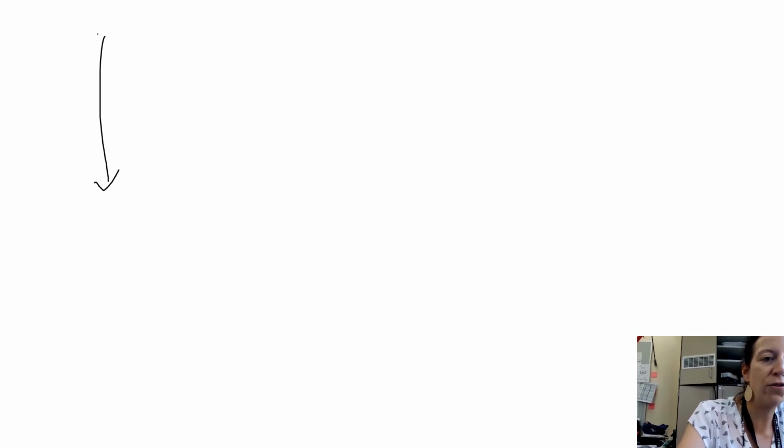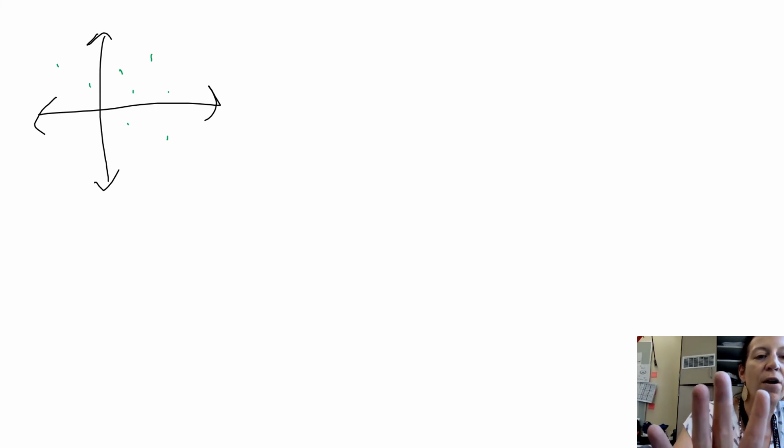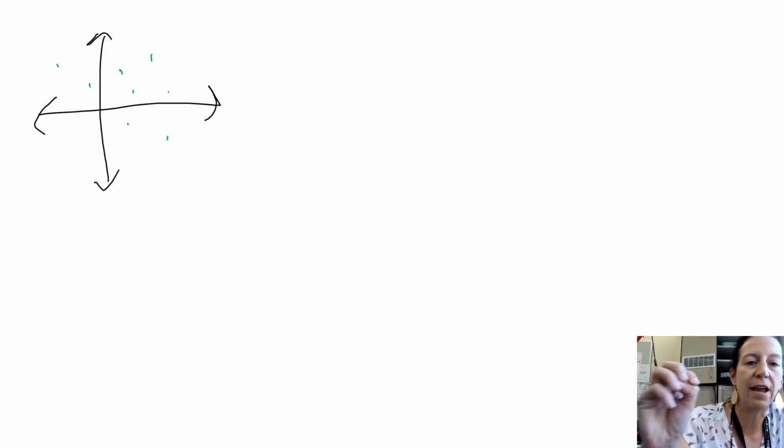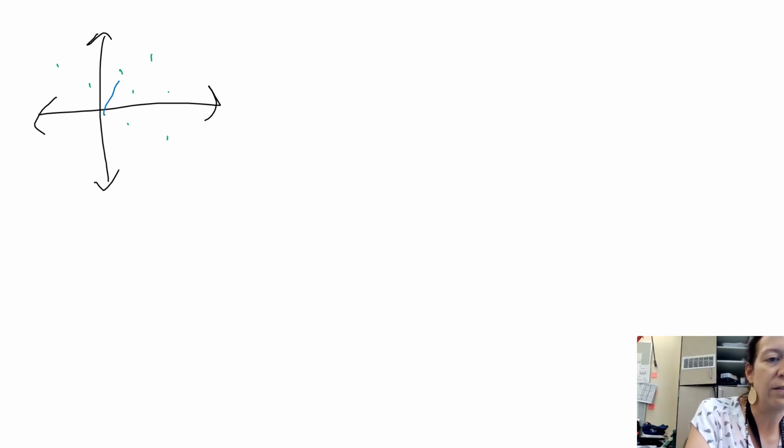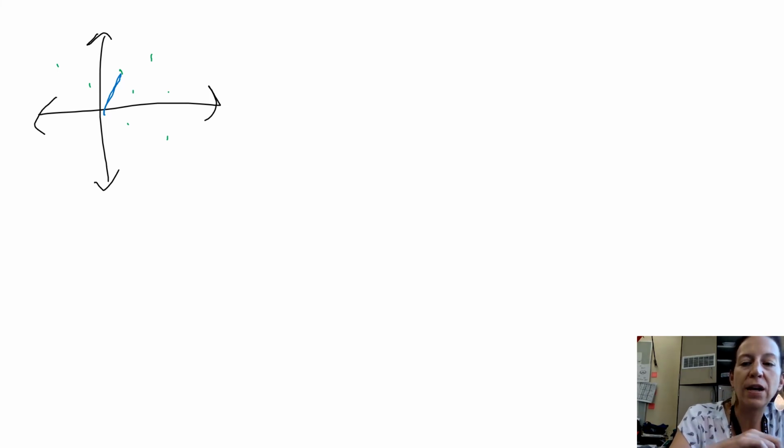Okay, so you have your target, and then you have all these points around your target where your beanbag landed. For regular credit, you're just taking a ruler and measuring the distance from the origin. For extra credit though, you can actually do the calculated distance.